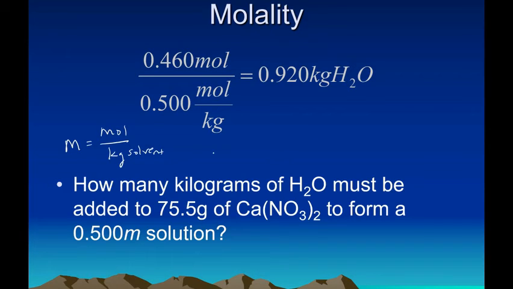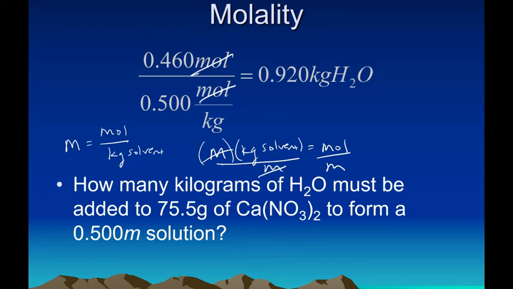If I cross multiply, I get molality times kilograms of solvent is equal to my moles. If I divide both sides by molality, I end up getting kilograms of solvent. Another way to look at it is moles cancel and kilograms kicks up onto the top because it's 1 divided by kilograms in the denominator. So I end up getting 0.920 kilograms of water.